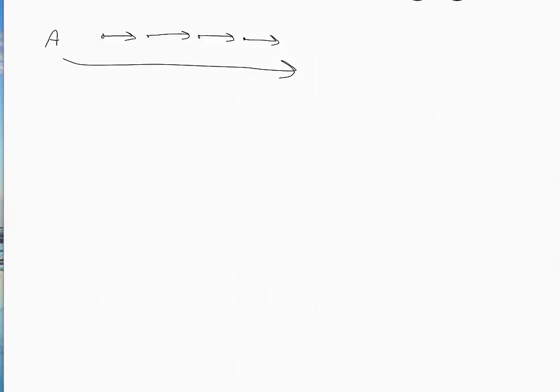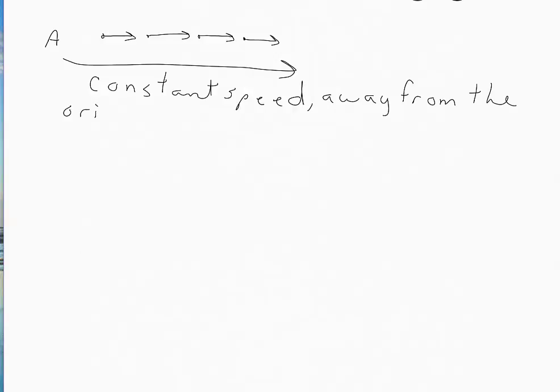If this is our motion map and we want to describe this motion, then we can say that it is constant speed away from the origin, and they started some distance from the origin.